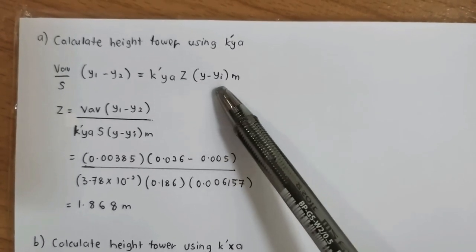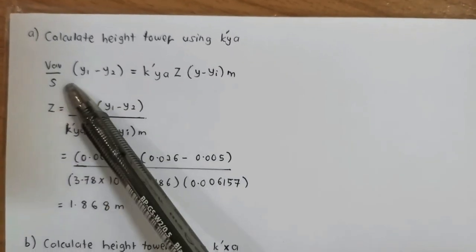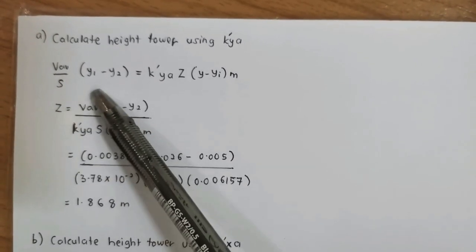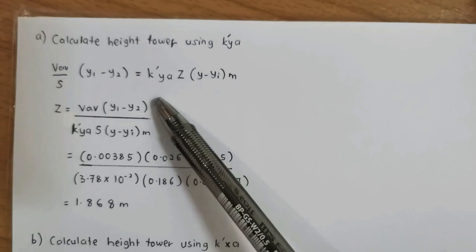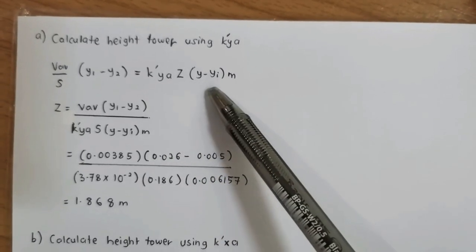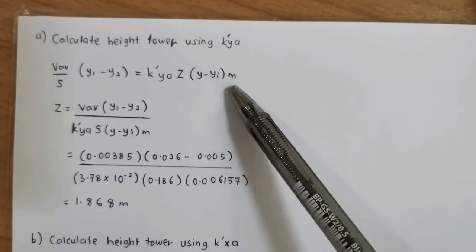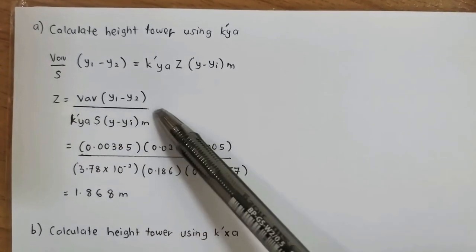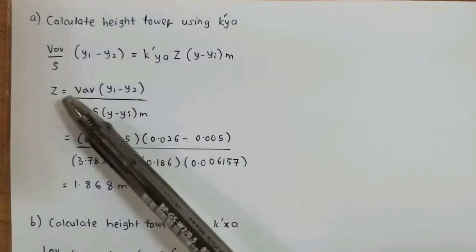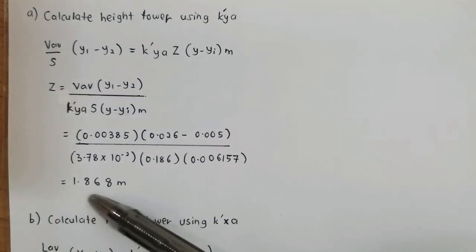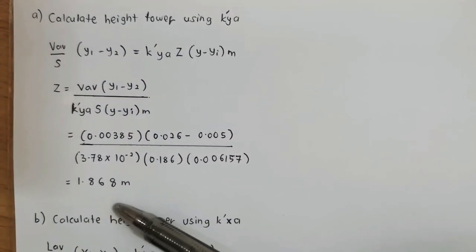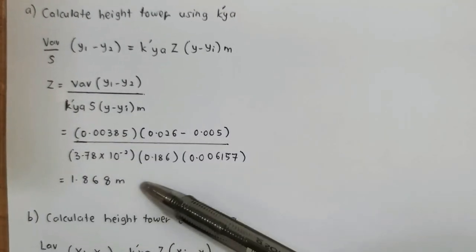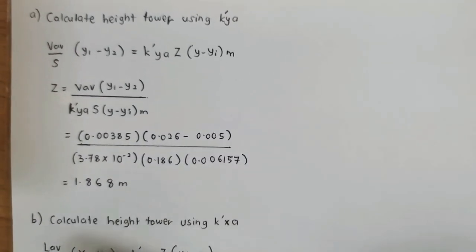All the values of V average, y1 minus y2, K prime YA and 1 minus y im have been calculated just now. So we just rearrange the equation, and we will get Z equal 1.868 meter after we substitute all the information inside this equation. So this is the answer for A.